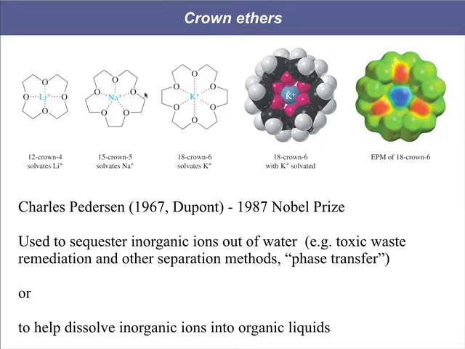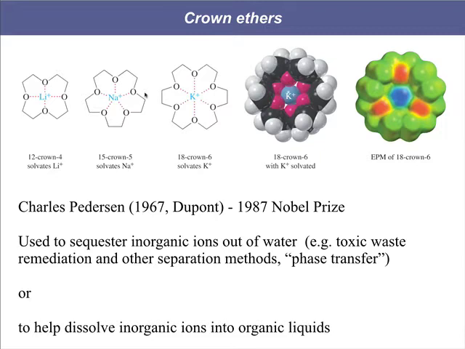And today, in modern times, we use host-guest chemistry to model how drugs or pharmaceuticals can bind into an active site of an enzyme and affect the enzyme, whether you increase its potency or stop its functionality.